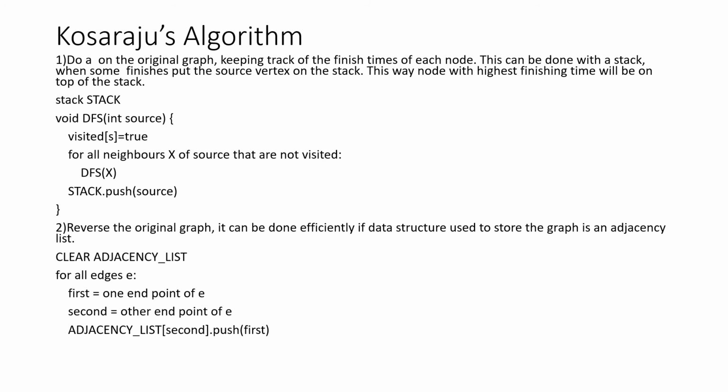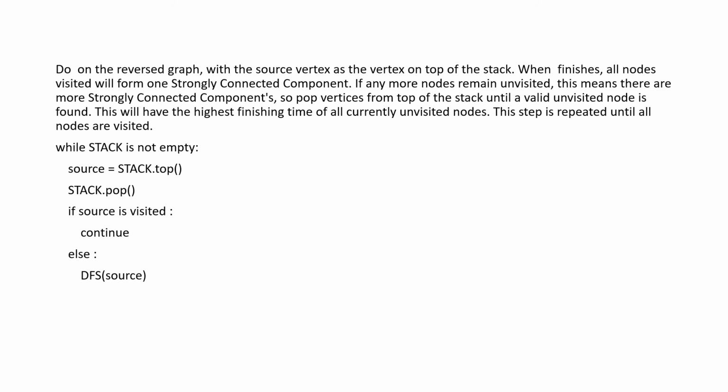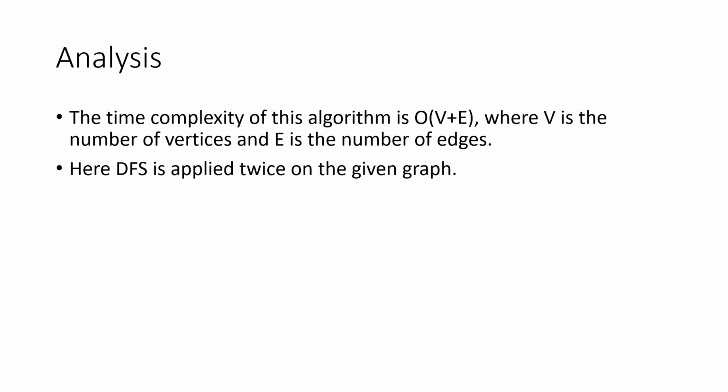First is equal to one endpoint of the edge and second is equal to the other endpoint. Since you reverse it, you store it in the adjacency list. So this is how you apply Kosaraju's algorithm for any given graph.